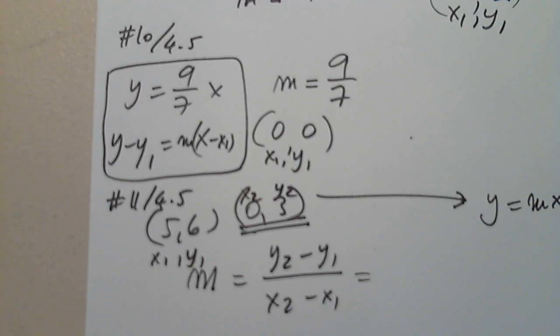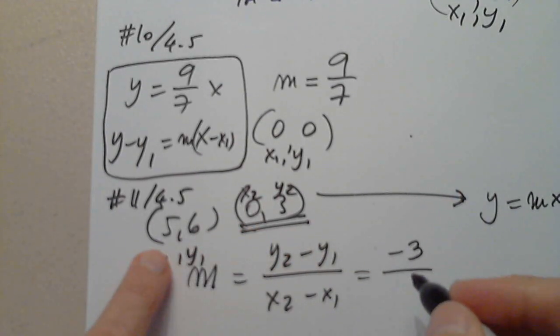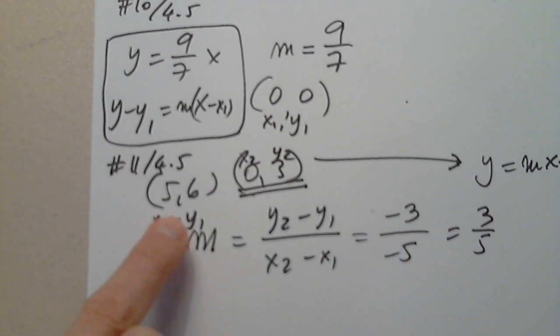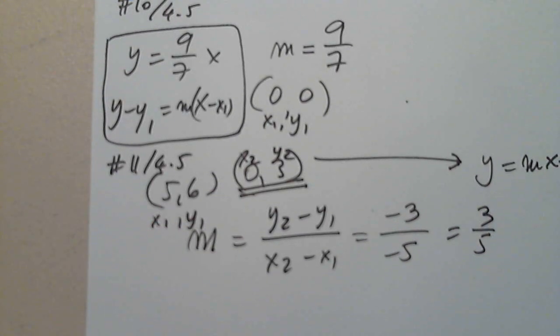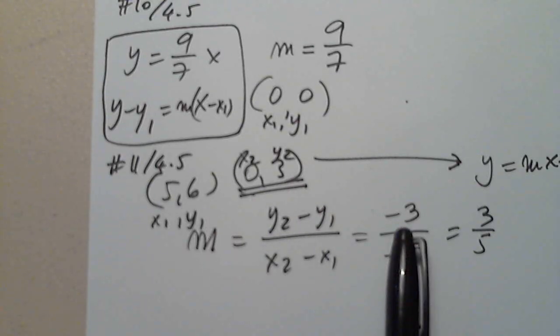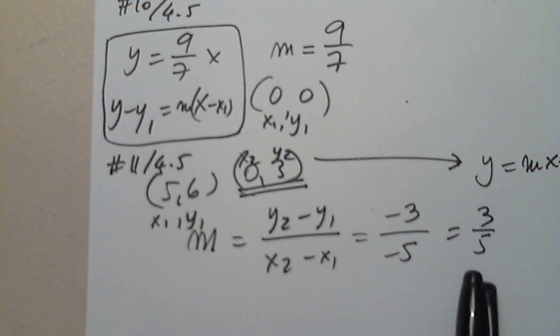So 3 minus 6 is -3. 0 minus 5 is -5. So 3 over 5. I got 3 over 5. Yeah, that's what I meant. Good. So 3 minus 6, -3. 0 minus 5, -5. So 3/5.